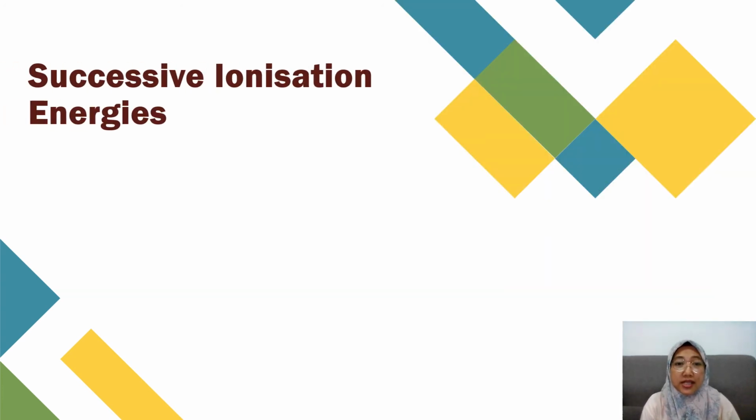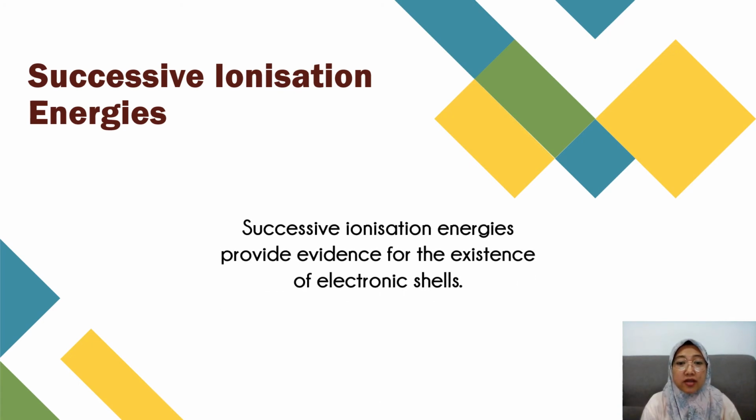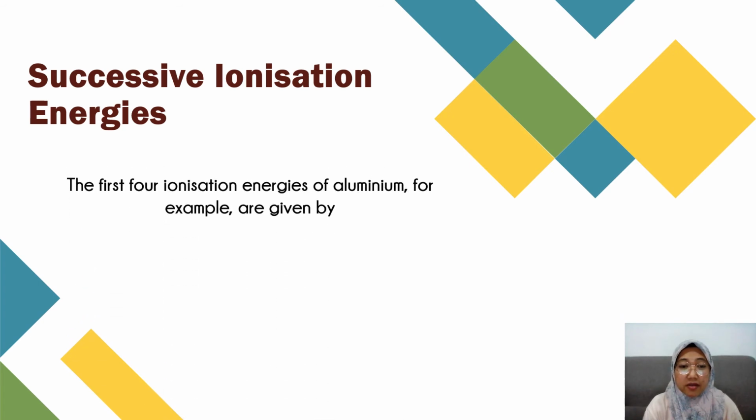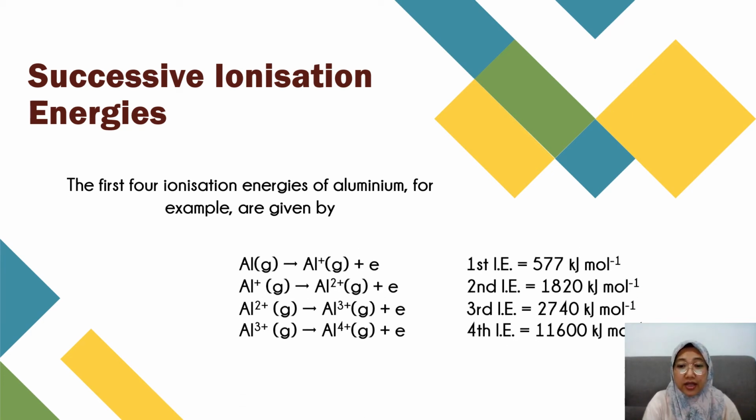Okay, successive ionization energies provide evidence for the existence of electronic shells. Example here, the first 4 ionization energies for aluminium are given. We have aluminium, first, second, third, and fourth ionization energy.